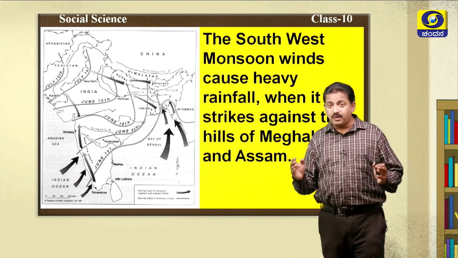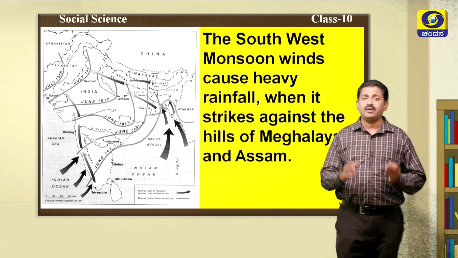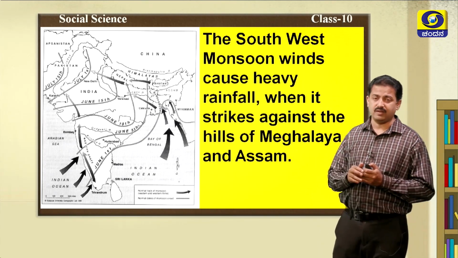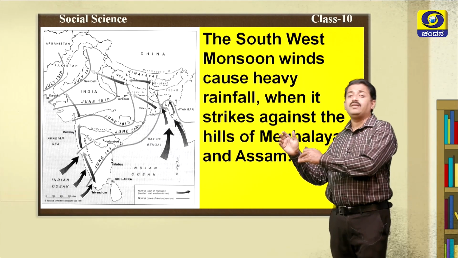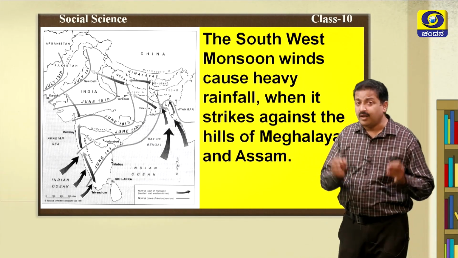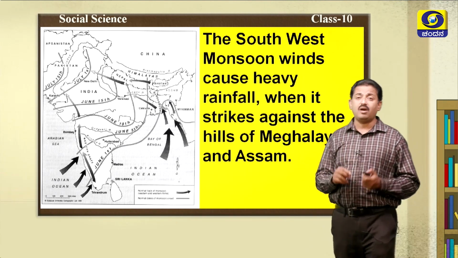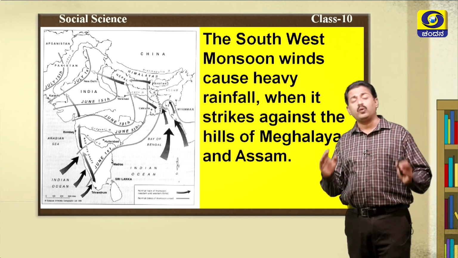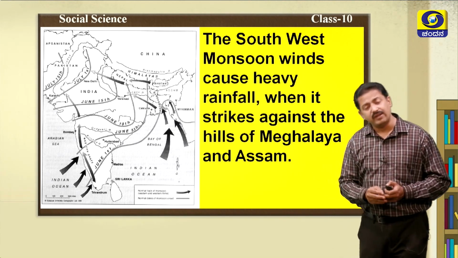The southwest monsoon winds cause heavy rainfall. Nearly 75% of rain is received in this season. Meghalaya receives maximum rainfall. In Meghalaya, there is a place called Mawsynram, which receives 1141 centimeters of rainfall.